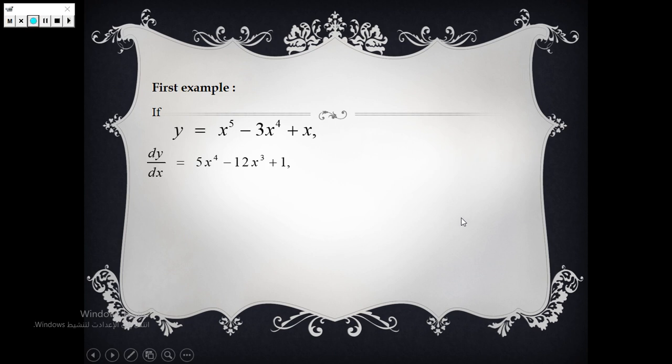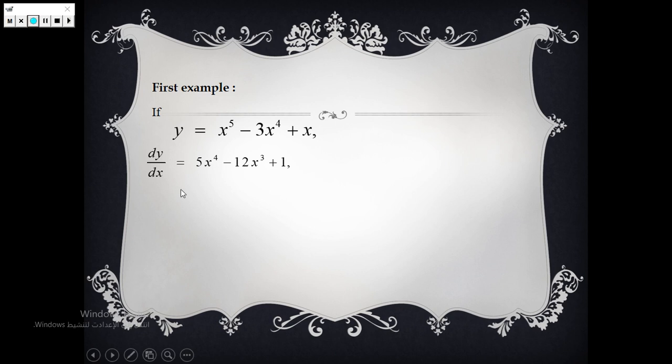First example, y equal x power 5 minus 3x power 4 plus x. He will ask us to find first or second or third or fourth derivative.